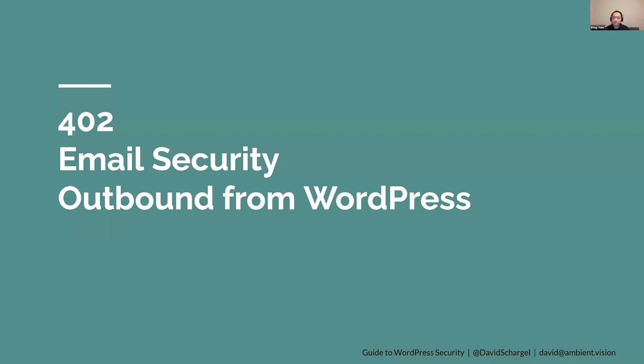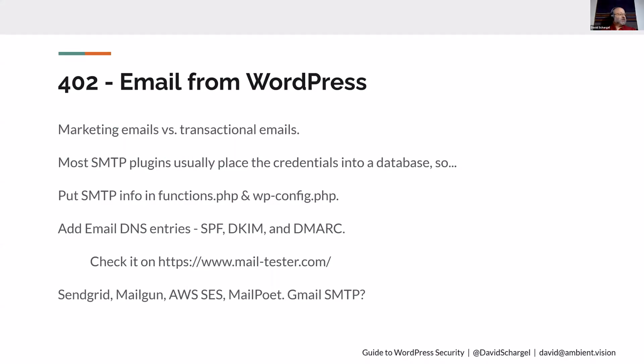So email security, I am going to be really quick about this one so I can move on to potentially more interesting things. But the fact of the matter is that email going out of WordPress has issues. You need to pay attention to the types of emails being sent and whether they're being sent from the server or SMTP, which is the protocol most of us use every day to send email.